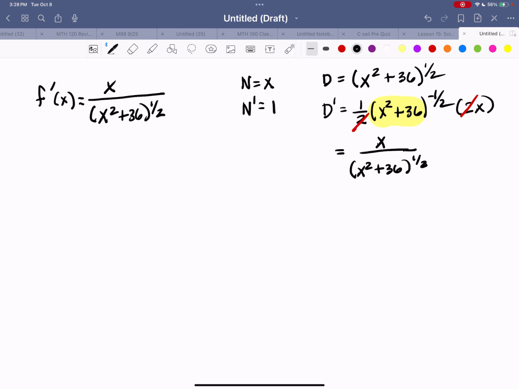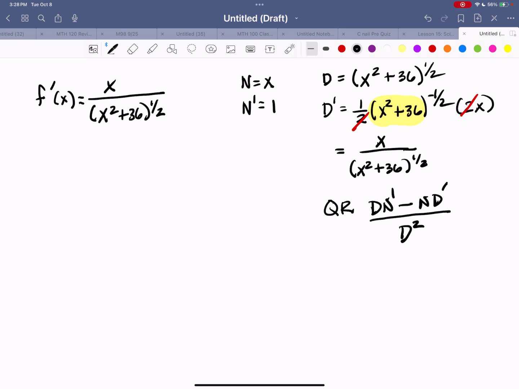So now I have to assemble my quotient rule. Denominator, derivative of the numerator, minus numerator, derivative of the denominator, over the denominator squared. So my denominator, that's the original one, x squared plus 36 to the 1/2. The derivative of the numerator, thankfully, is just a 1. I don't even have to write that.